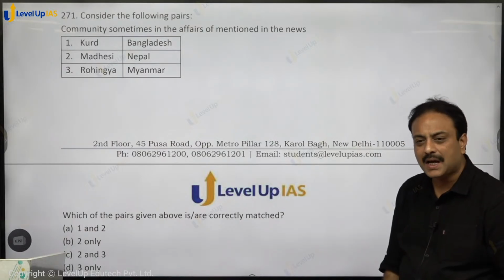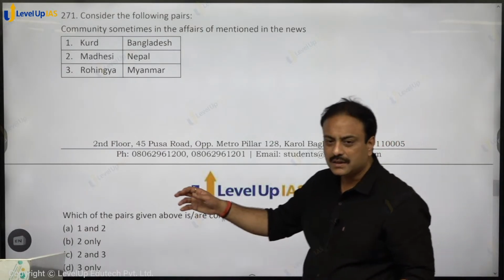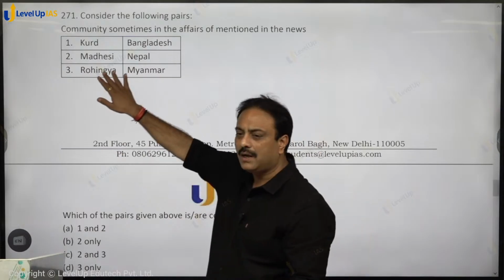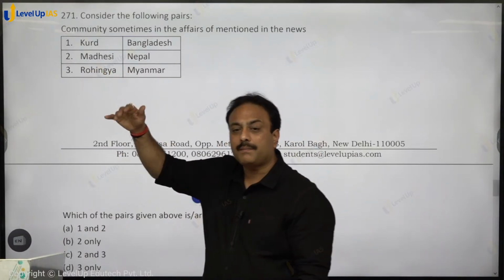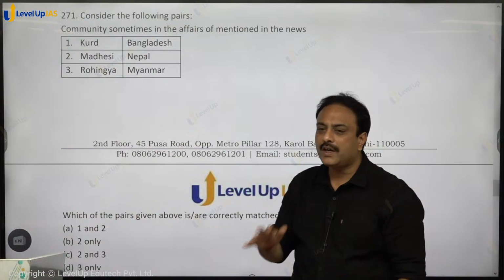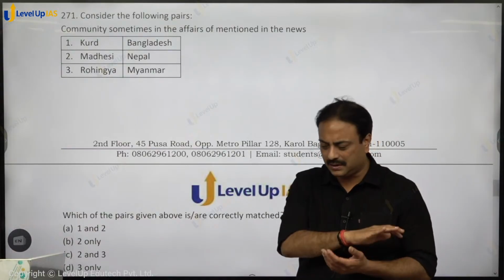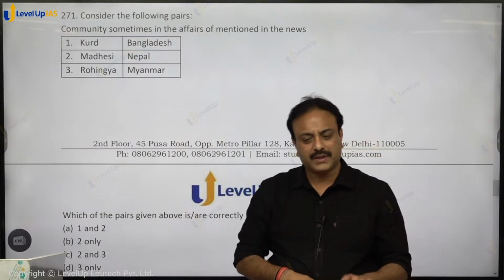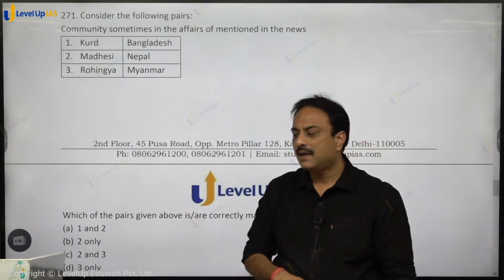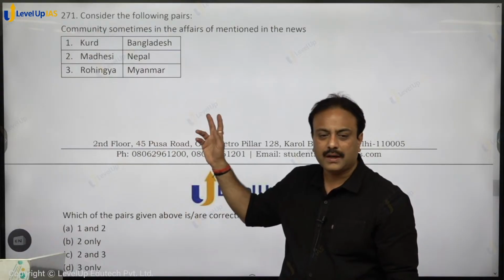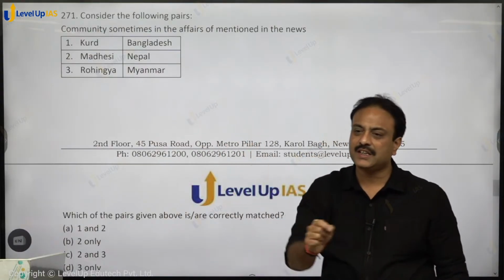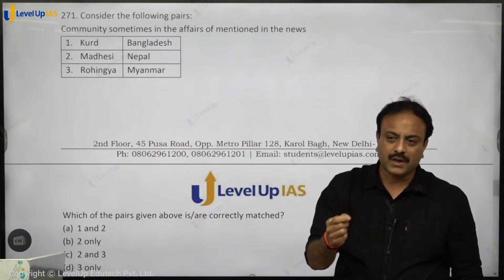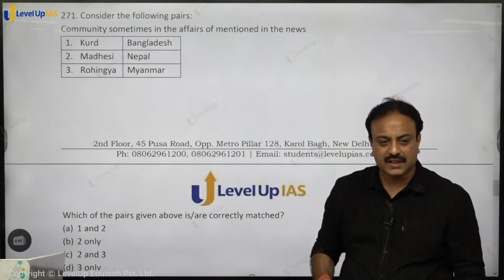Madheshi Nepal is absolutely correct. Madheshis are the people who are present in Nepal. They are involved in a number of herbs and shrubs related to Ayurveda, which are found only in Nepal. And this is traditional knowledge which has passed down over the generations.